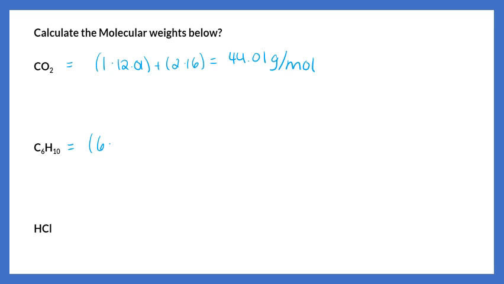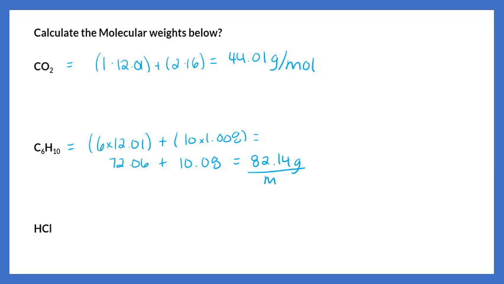So we have 6 carbons, 6 times, and then 10 hydrogens. So 6 times 12.01 equals 72.06, plus 10 times 1.008 equals 10.08, and then we add those two together, 72.06 plus 10.08 equals 82.14 grams per mole.